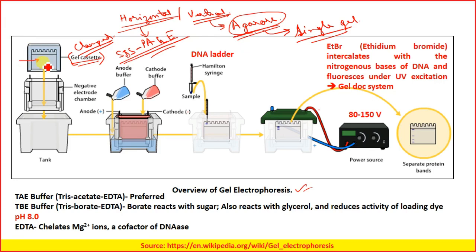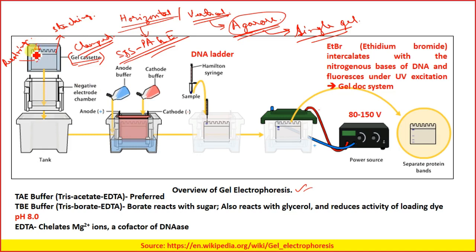The first one is called the resolving gel, and the top one is called the stacking gel. Then we use a comb to create these sample wells. These are the wells.